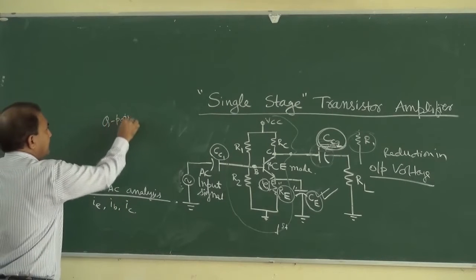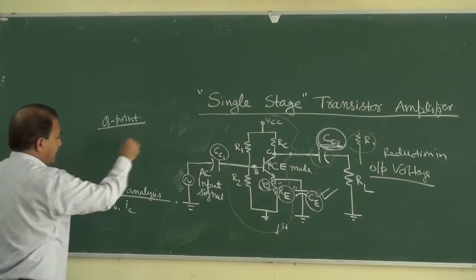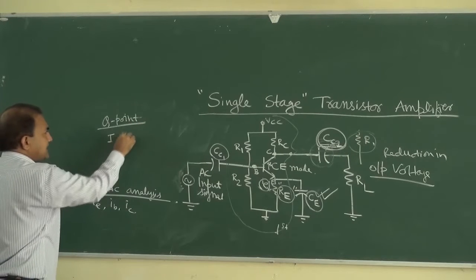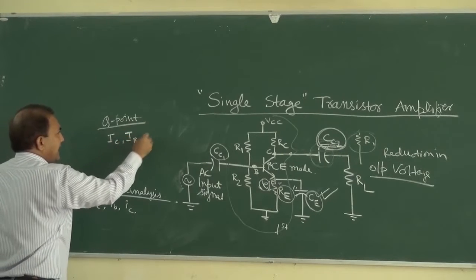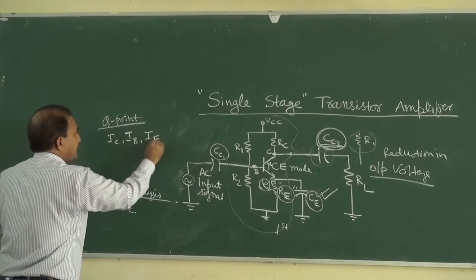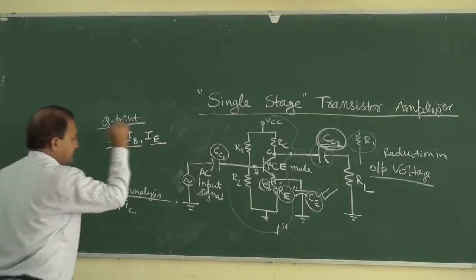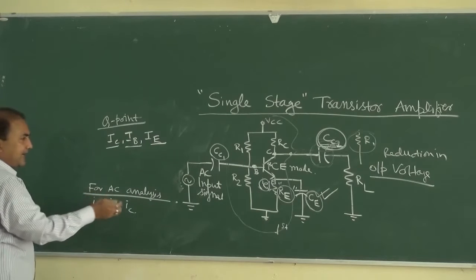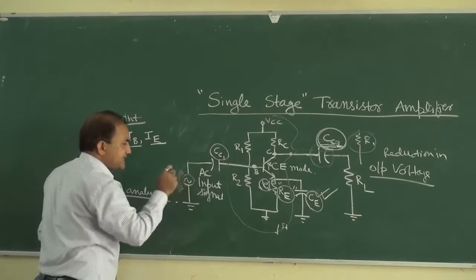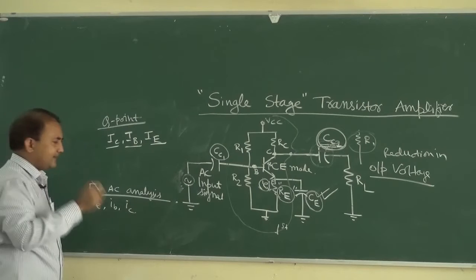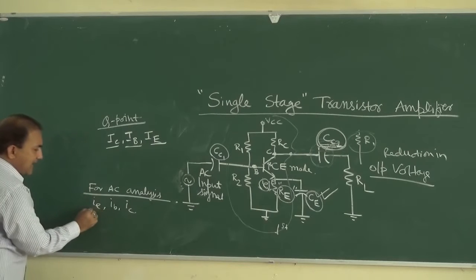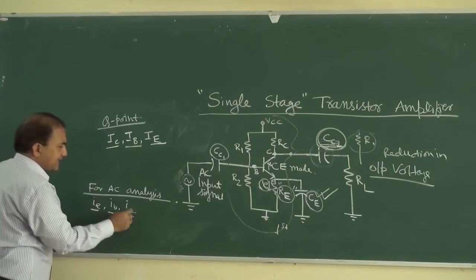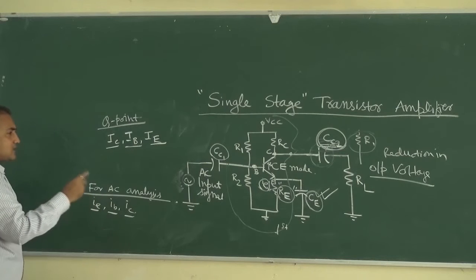For determining this Q point, we have to use IC, IB and IE, all DC currents. Then for AC analysis, when the input signal is given, in that case ie, ib and ic are all AC currents.